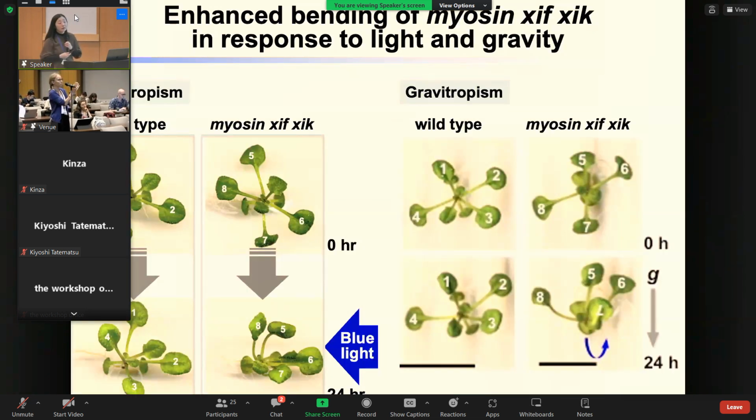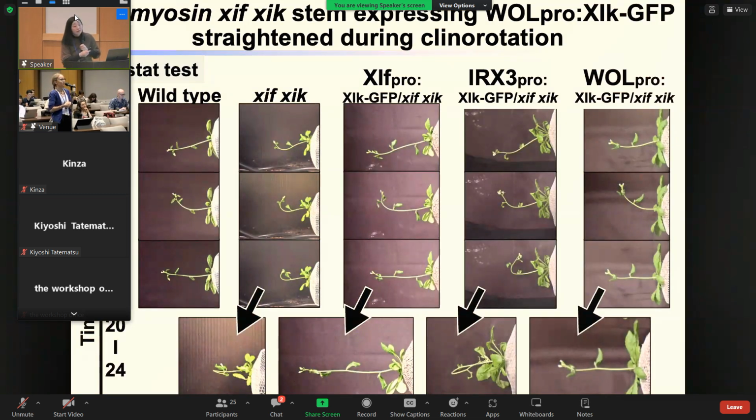If you can maybe play the movie where you follow the straightening after 90-degree rotation.